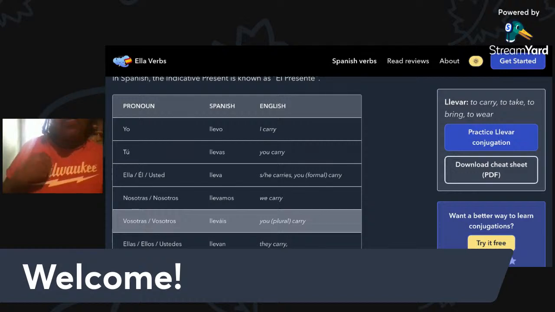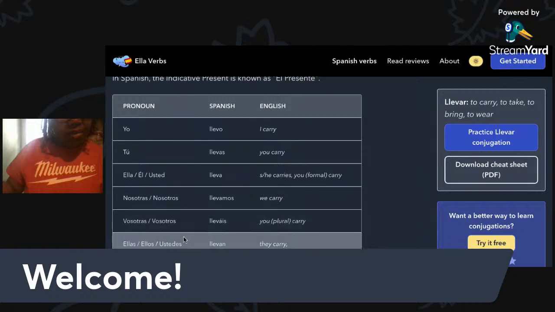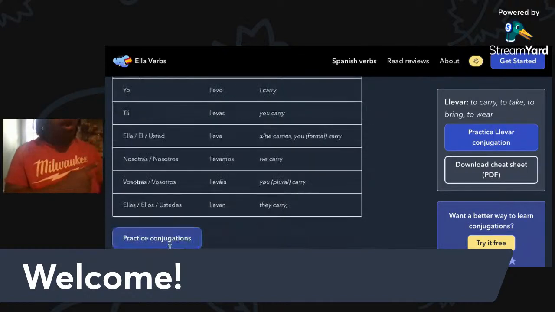Vosotros, which I was told is the Spaniard way to say llevamos, which is lleváis. Or ellos, which is they, multiple.